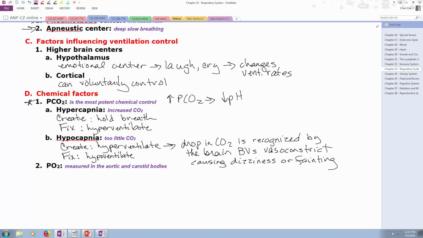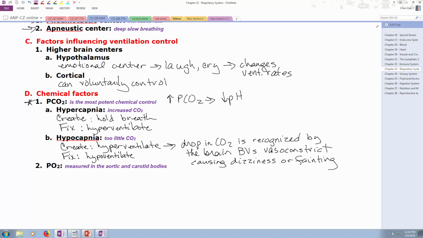So that's the story of hypercapnia and hypocapnia. And now let's talk for just a moment about PO2. So remember, P stands for partial pressure. And we do have, remember, baroreceptors in the aortic arch and the carotid sinus. They're called aortic bodies or carotid bodies, and they also can measure PO2 concentrations.